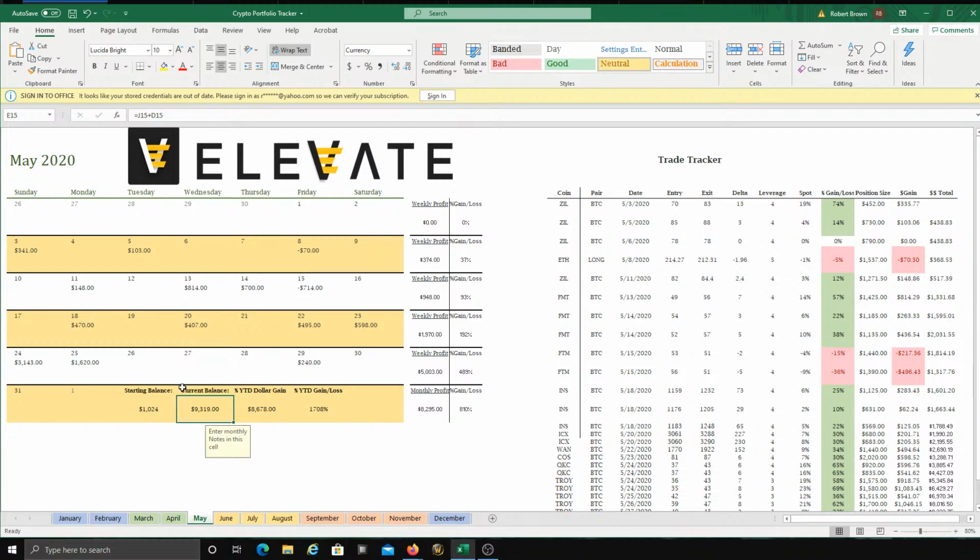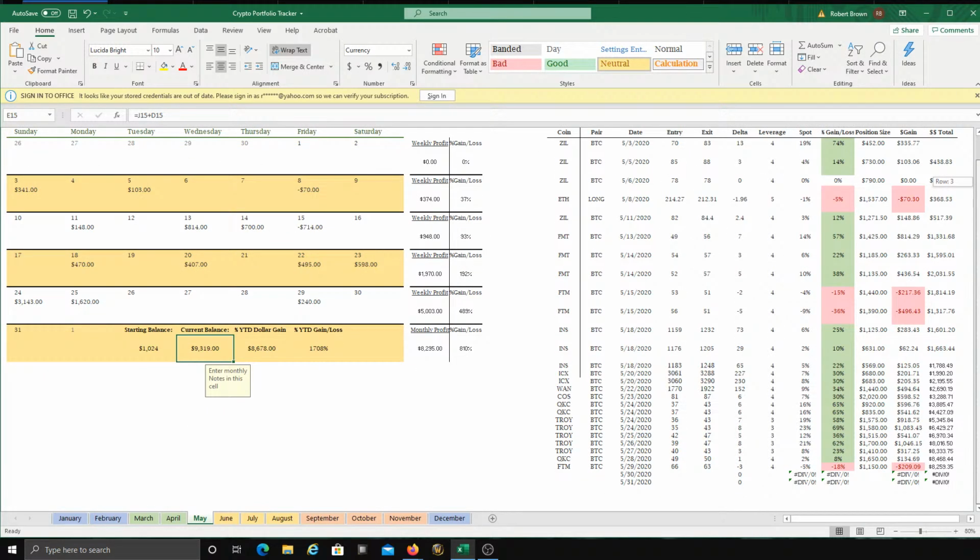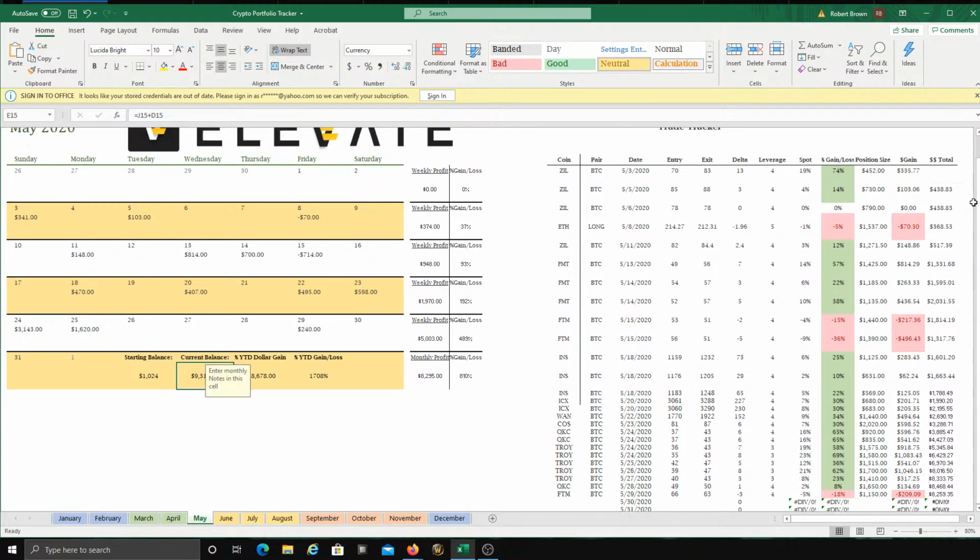Okay, so now I'm sitting at $27,000, $30,000 from a $500 position in 2 months. So margin trading can be extremely profitable, especially margin trading altcoins.